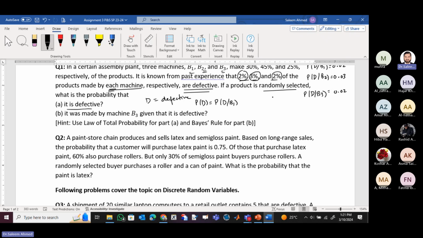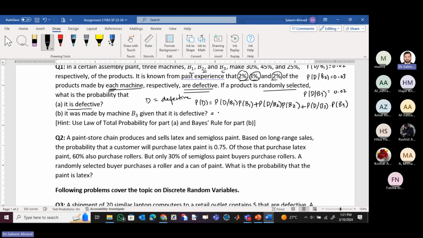Just make use of it because D depends on B1, B2, B3. First D goes to B1, we multiply by B1. Then D goes to B2, we multiply by B2. Then D goes to B3 because defective can be made on B3, and then we multiply by B3. And there is no fourth machine, so I will stop here.